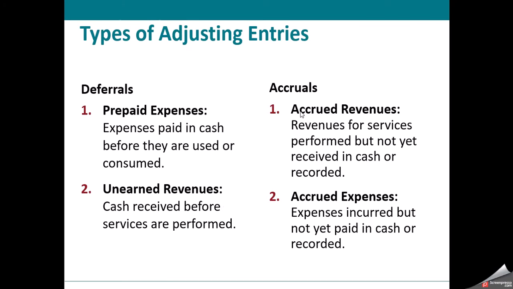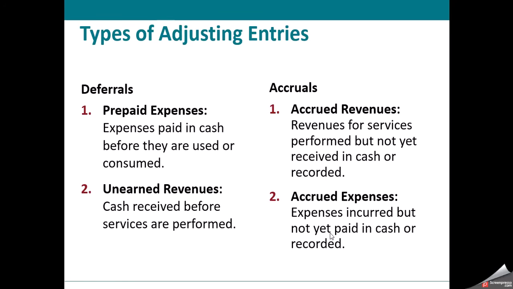Our accruals are things that we know have happened, but we maybe haven't gotten the paperwork to actually record them yet. So like accrued revenues, or we know that we've earned revenues, but we either haven't received the cash or we haven't prepared the invoice to the customer. But we're going to go ahead and record those via a journal entry, an adjusting entry, so that our financial statements are accurate.